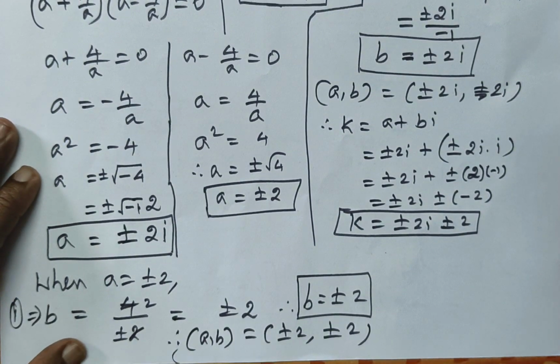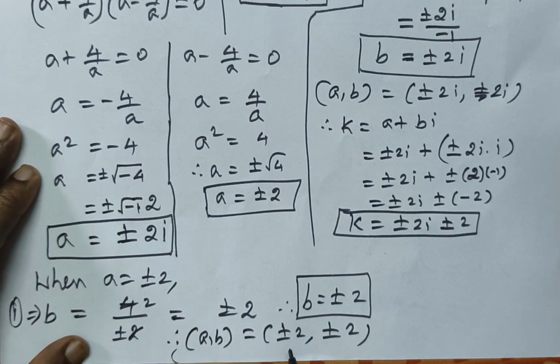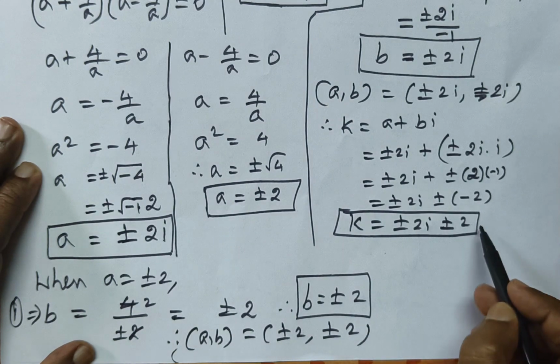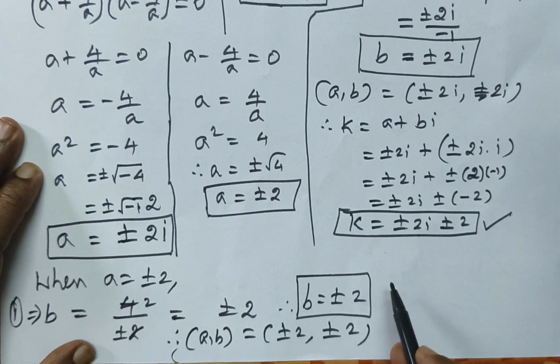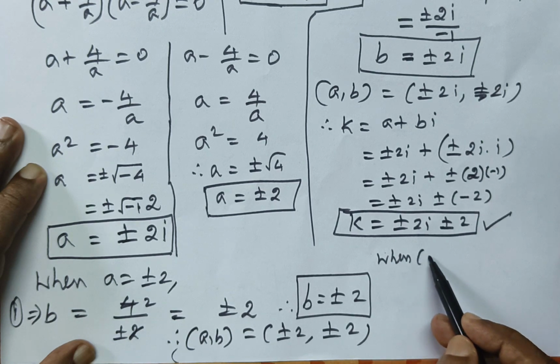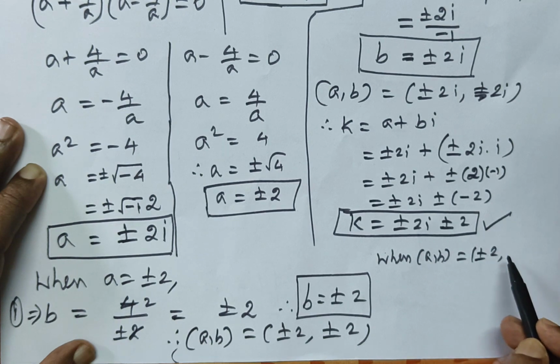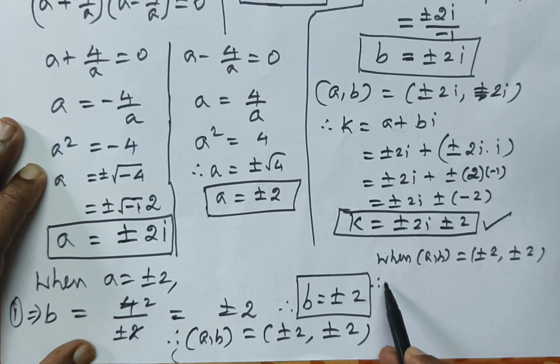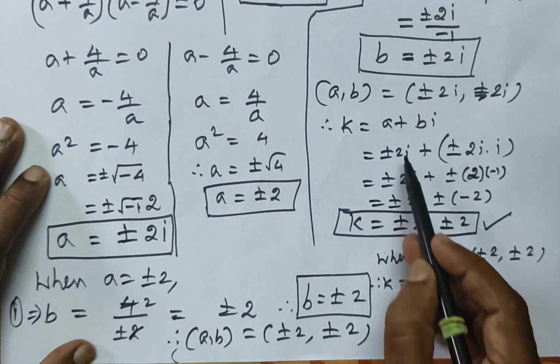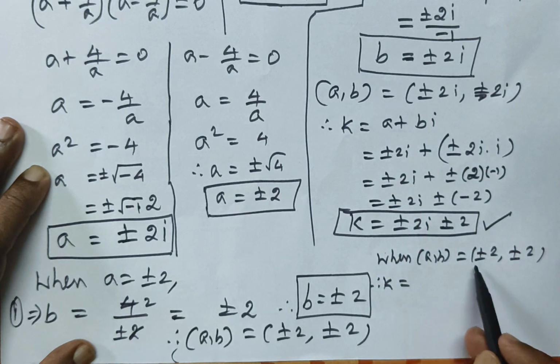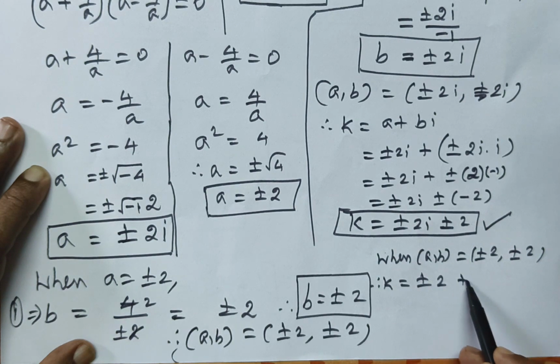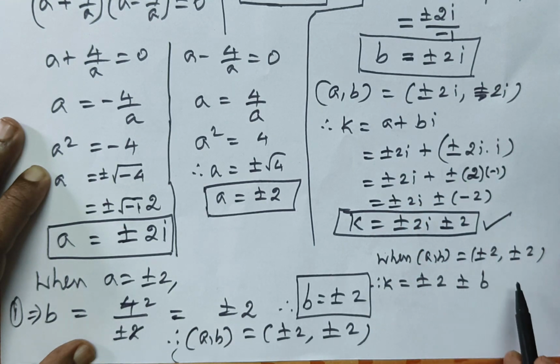This is one set of solution. When a comma b is equal to plus or minus 2 comma plus or minus 2, therefore k is equal to a plus bi. a is plus or minus 2, b is also plus or minus 2 into i.